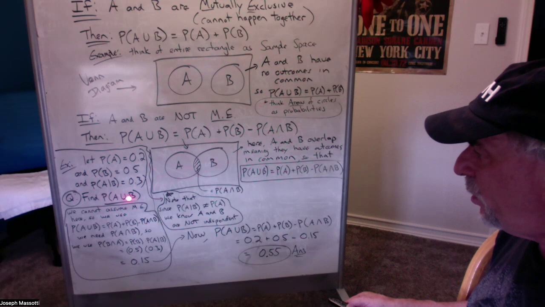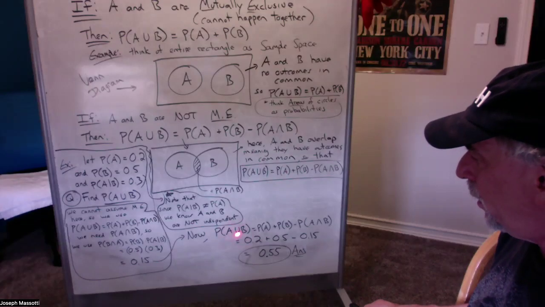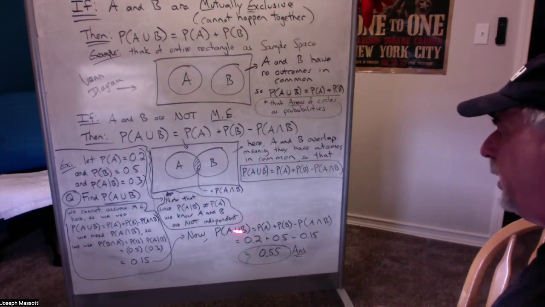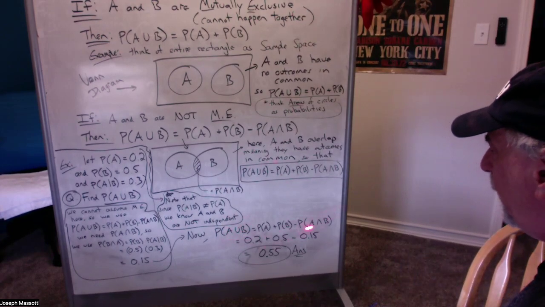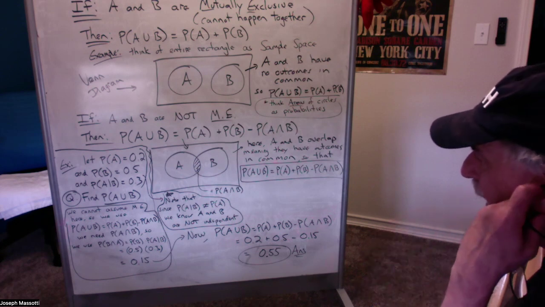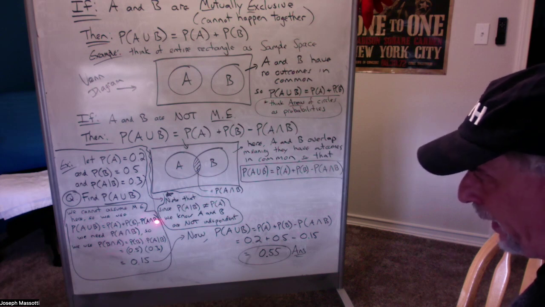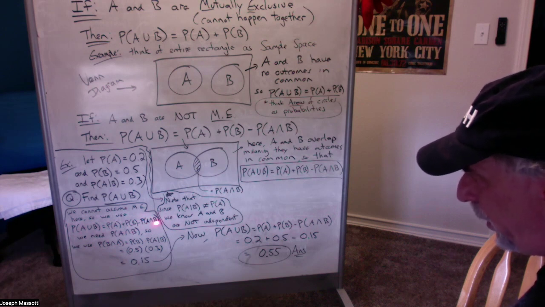Well, we have to come back to our independence formula. Or I'm sorry, this is the union of A and B. We're using this formula, and we need the intersection of A and B. We need this part of the formula, so we have to come up with this part here.